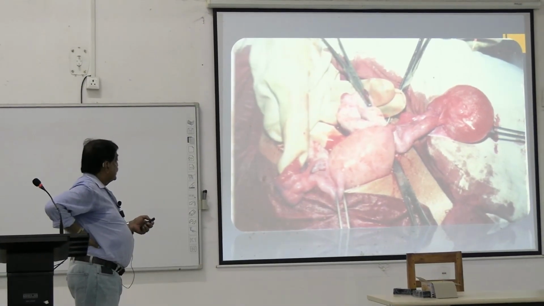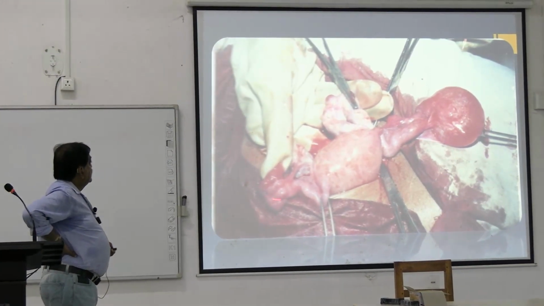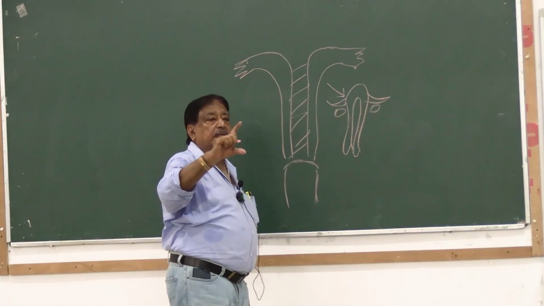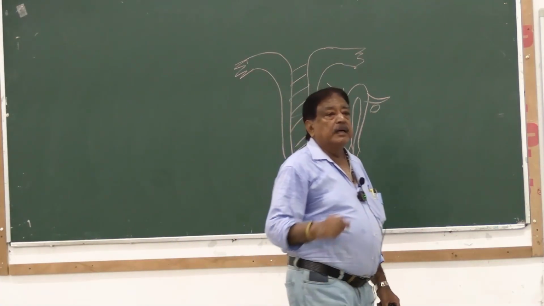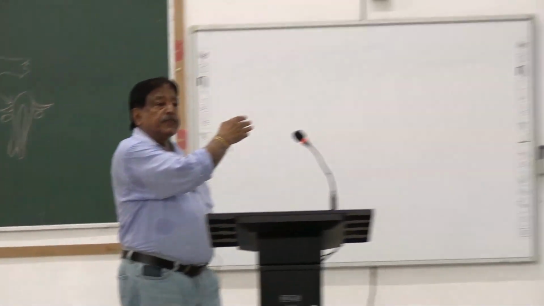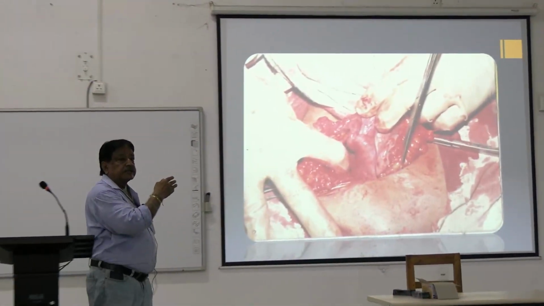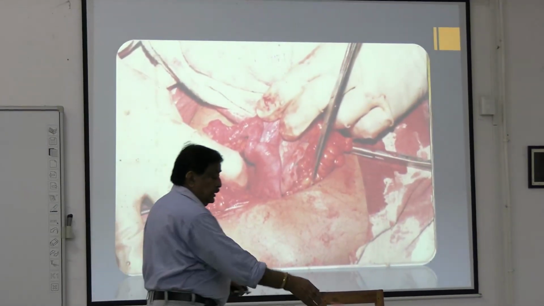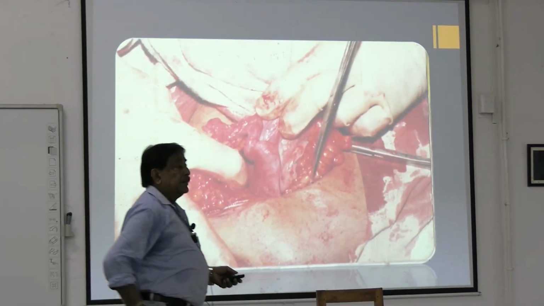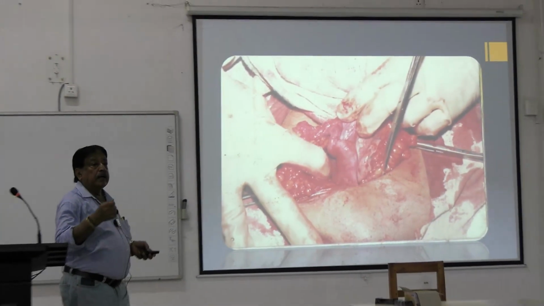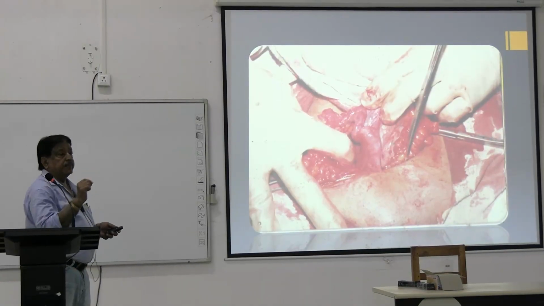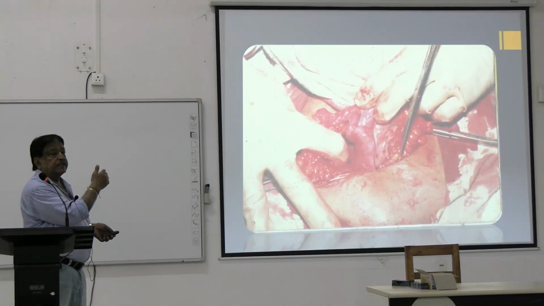the hydrosalpinx. The single Mullerian duct, it gives a single cavity. These are the previous pictures, the abnormalities of the uterus I told you. I showed you the pictures of diagrams in previous slides.